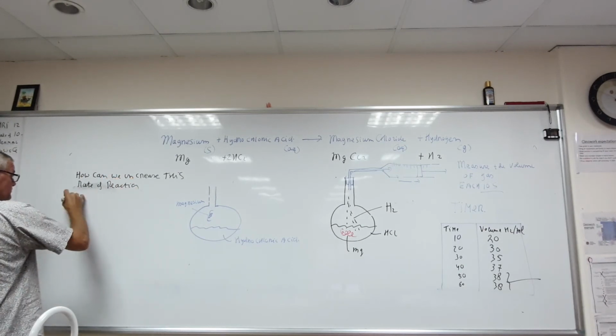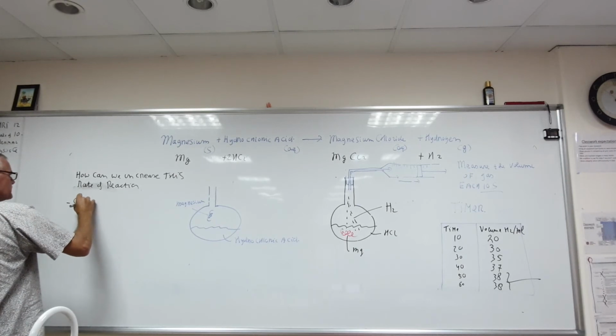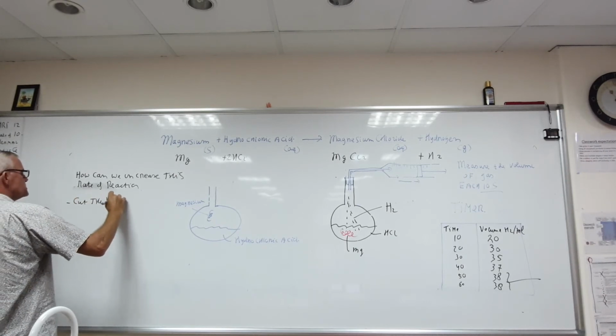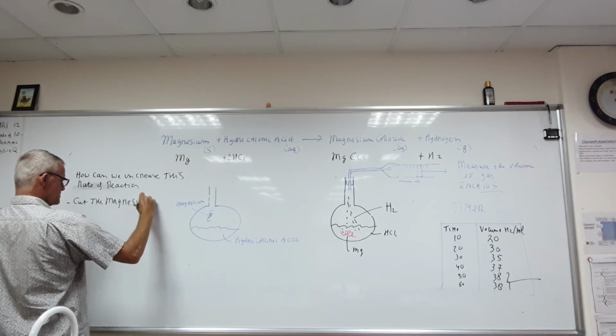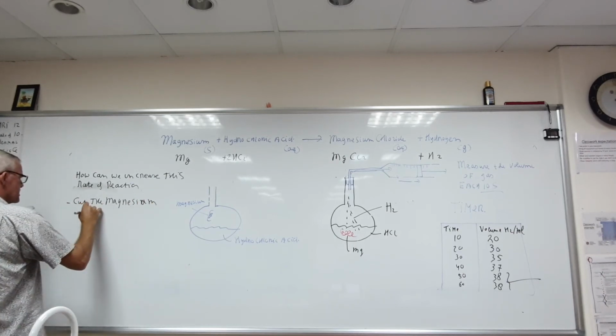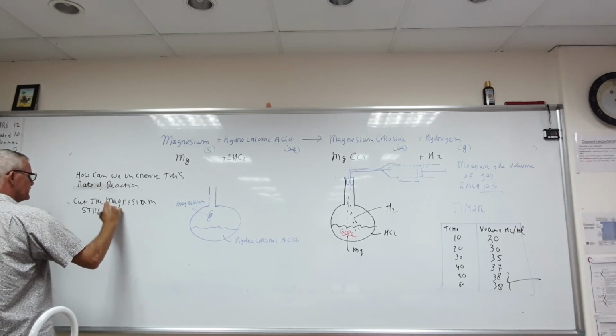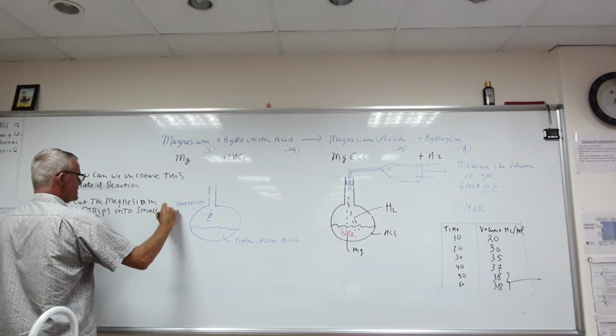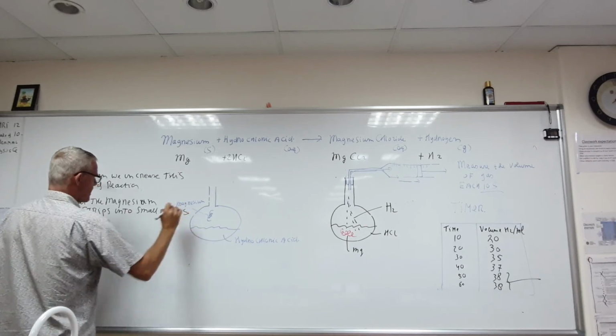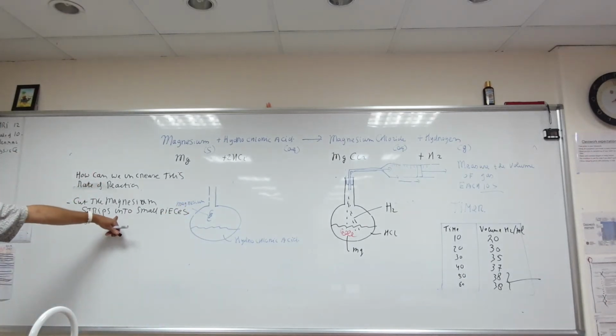Well, we can cut the magnesium strips into small pieces. Yeah. What have we done? We have actually increased the surface area.